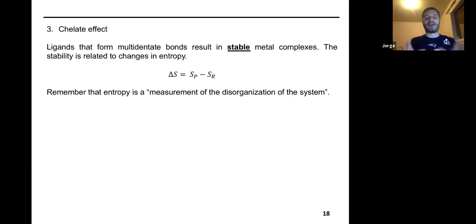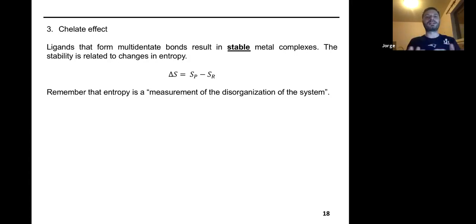If we have a bidentate ligand where the 2 atoms are bonding to the same metal, that's called a bidentate chelate. If each atom is bonding to a different metal, that's called a bidentate bridge.